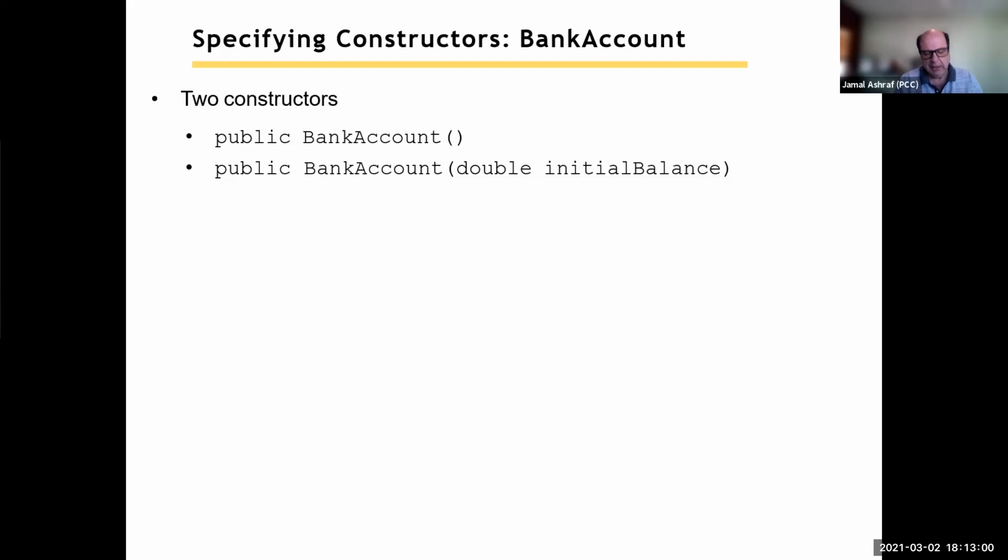So let's say that I have 5 instance variables. If I receive one parameter, that one parameter is going to set one instance variable. The rest of them, I'm going to set to default values. If I have 5 instance variables, I can have a constructor with 5 parameters that's going to set all of them.